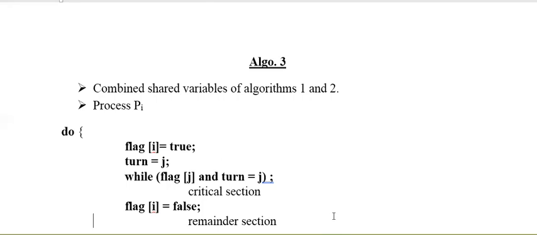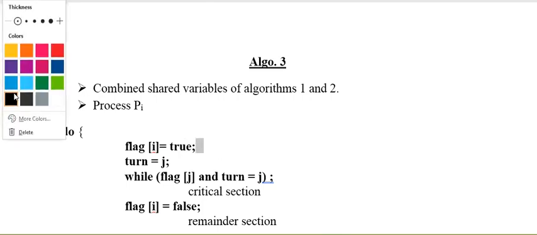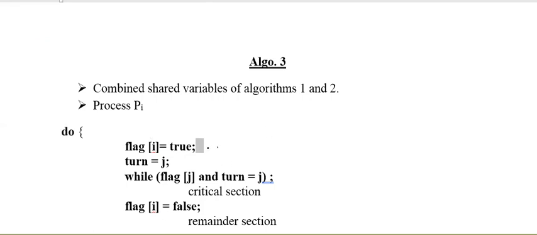So for any process, it will first check that my interest is true, and irrespective of my interest, first of all, I am going to give the chance to the next process. And if both conditions are true, flag j and turn.